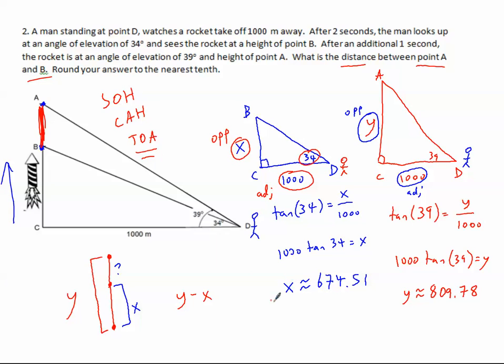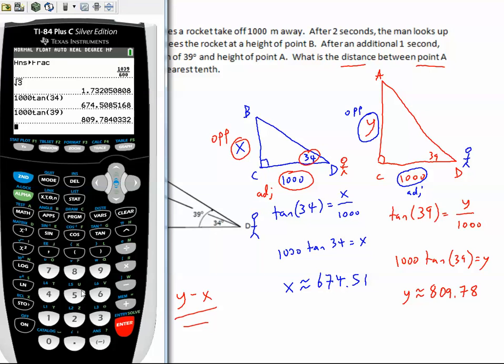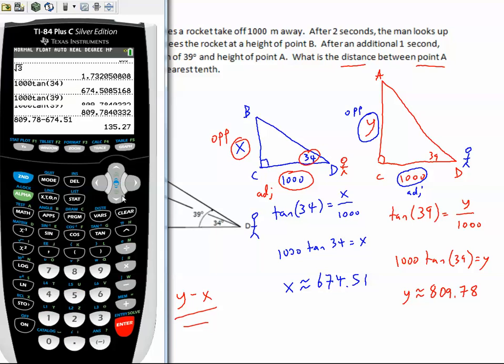So we found our y, found our x. This is the last thing we have to do. Do y minus x. 809.78 minus 674.51 gives us 135.27.